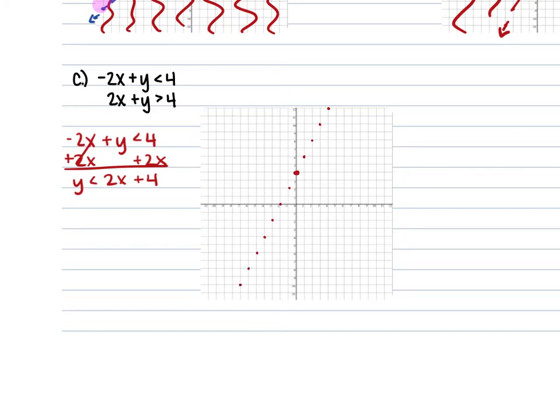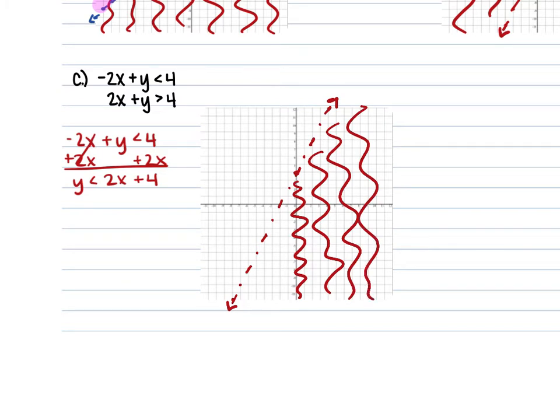Now, this line is going to be a dashed line through these points to indicate that the inequality symbol is not equal to. It tells me y is less than 2x plus 4 because that less than is there. I want the y values shaded below this line.